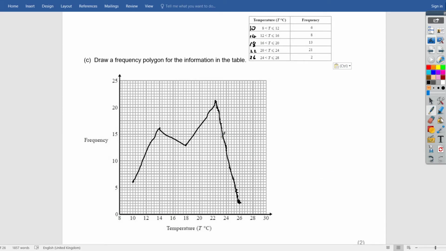Okay, don't forget, when you're plotting and you've got a class interval, you must plot in the middle against the frequency height of it. Okay, right, let's just clear this. Scroll down.